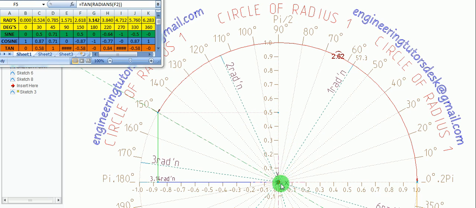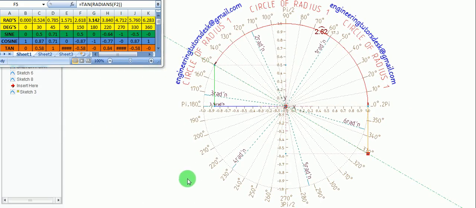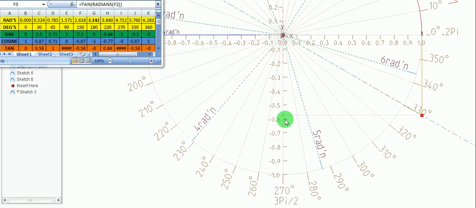The measured length of cosine is in the negative direction, which is minus 0.87, and the measured height of the tan also is in the negative direction, which is minus 0.58.